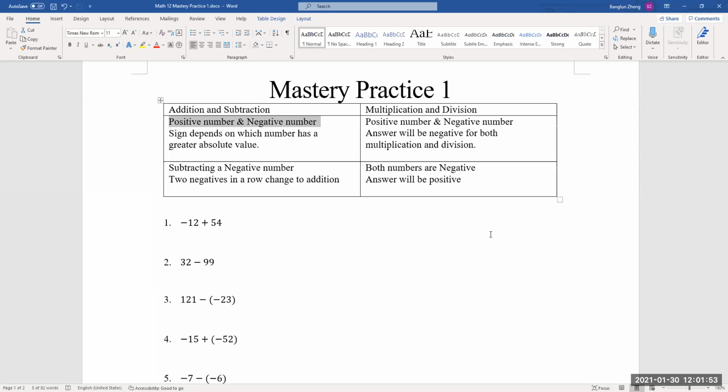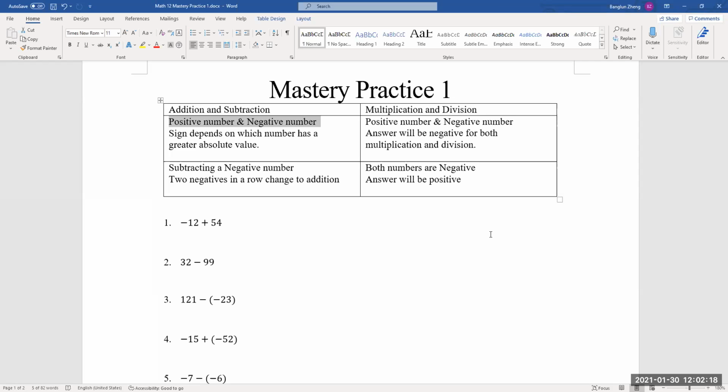And you subtract them, so you find the difference, and the sign of the greater absolute value will be the sign of the result. If you're subtracting a negative number, 2 negatives in a row change to addition, so you change that to plus.